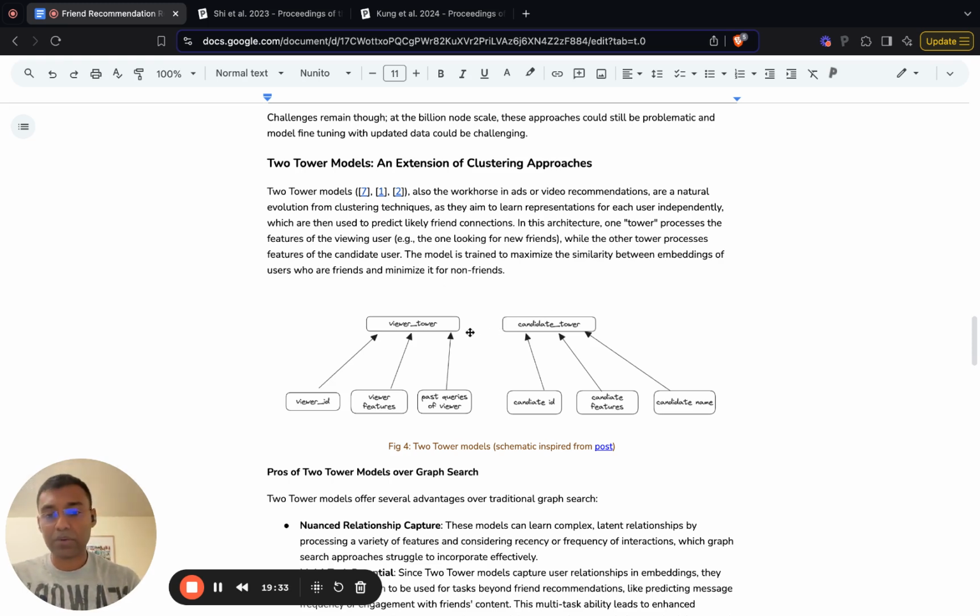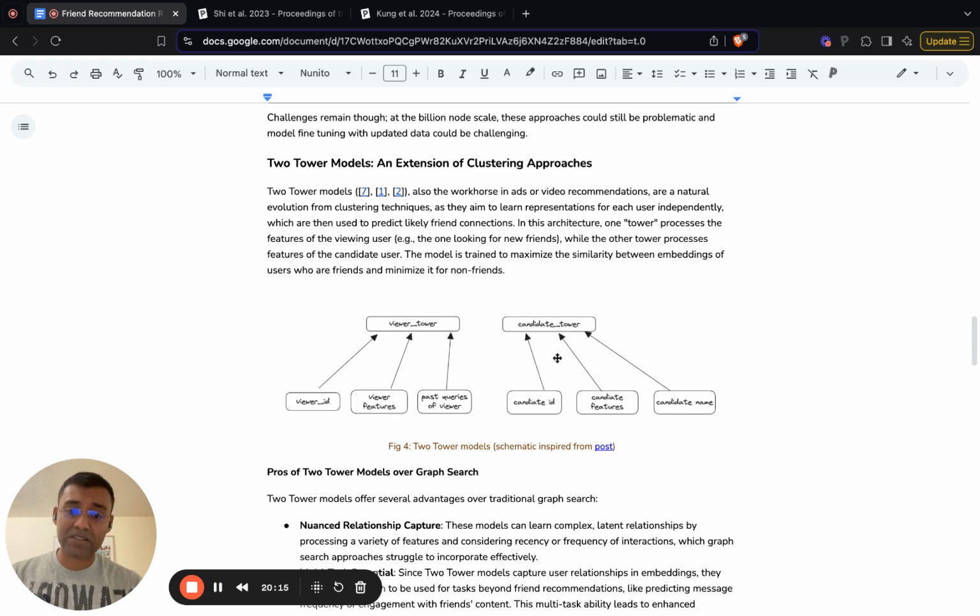So broadly what we're going to do is there's a viewer tower and a candidate tower, and we are going to learn how to take all the features on the viewer side, the ID of the feature, that allows you to learn a large floating point vector, which explains everything unique to the user. It's similar to how LLMs learn about tokens. So here you're trying to do it based on the viewer: the viewer ID, maybe the features of the viewer, maybe past searches of the viewer.